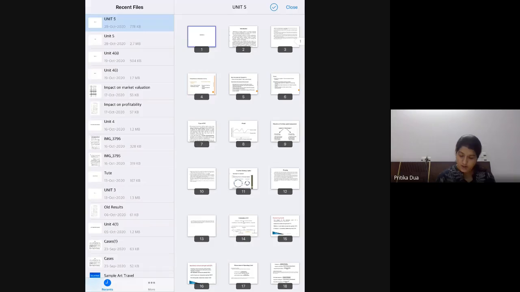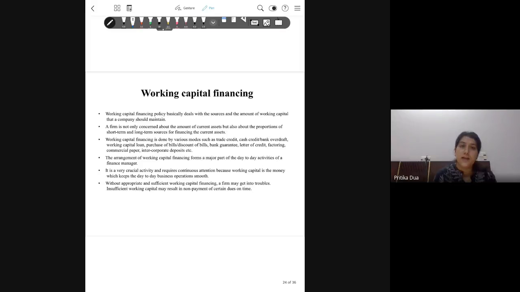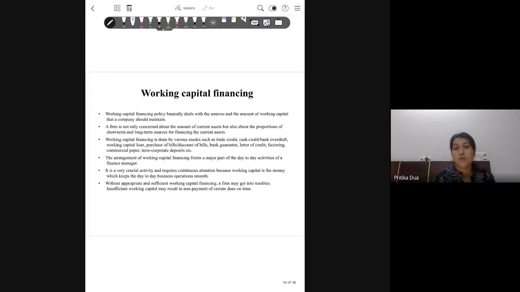Okay, we had done the working capital need, factors affecting working capital. So now we come to the financing of working capital. So you need to maintain funds in your current assets, but you also need to finance those current assets.